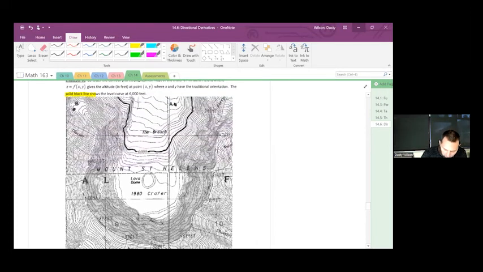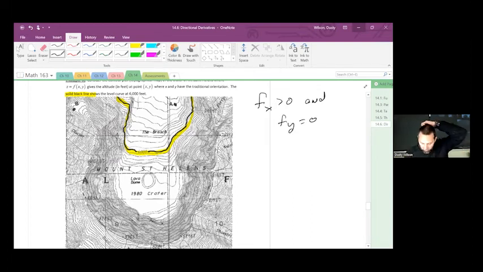So we want to be here, and we want to know where f_x is bigger than 0 and f_y is equal to 0. So this would mean there's no change in the y direction.